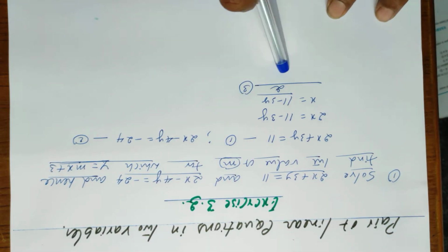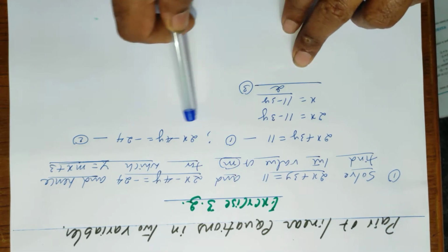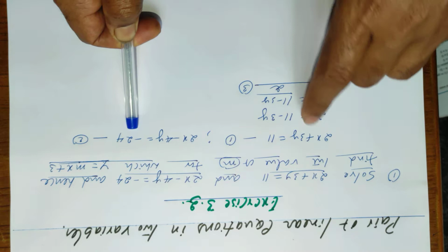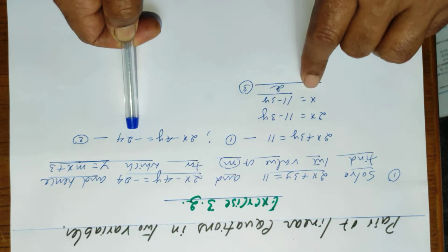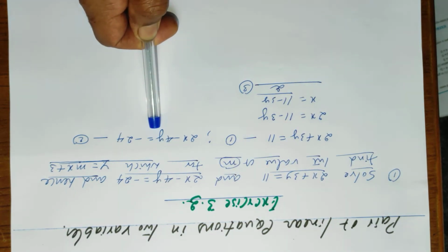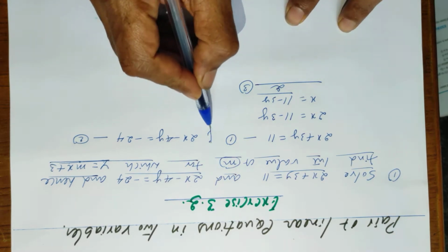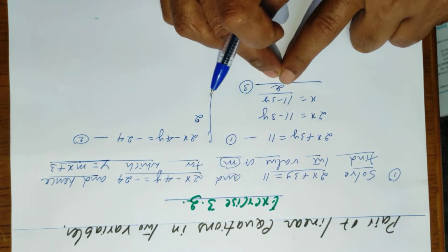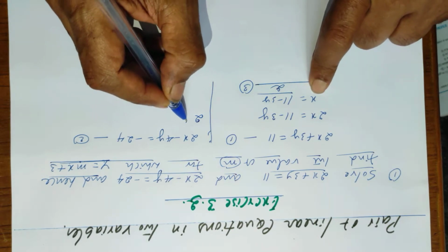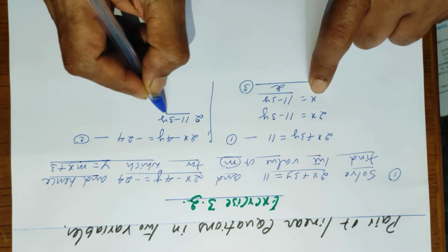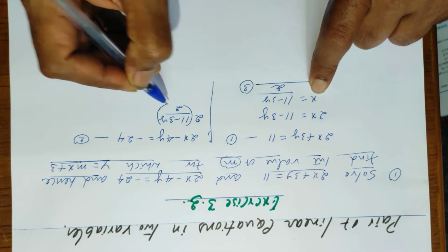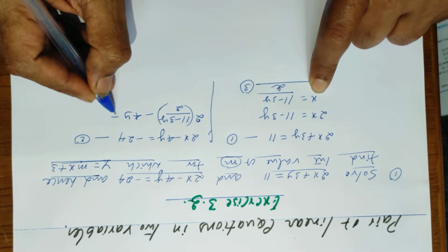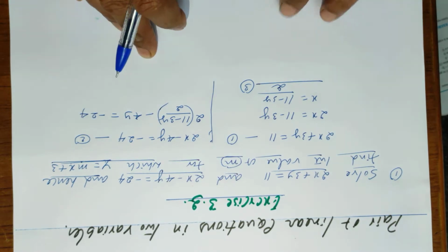So substitute the value of x in equation 2, because this has been derived from 1, and that value of the variable should be substituted in another equation. So let me write 11 minus 3y by 2 in the place of x. 11 minus 3y by 2 minus 4y is equal to minus 24.